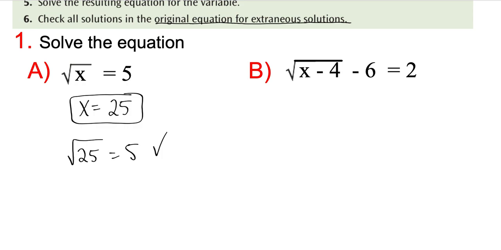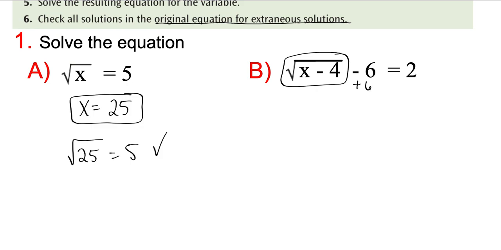Okay? So this one, what you might want to do, this is what I've seen a lot of people do, they just take this and they're like, okay, I can square everything and that's going to get rid of the square root. No, you cannot do that. All right? You're breaking the order of operations when you do that. You're doing exponents before you would do addition and multiplication in your steps to solving, which you can't do. So what you have to do is get this by itself first, okay?